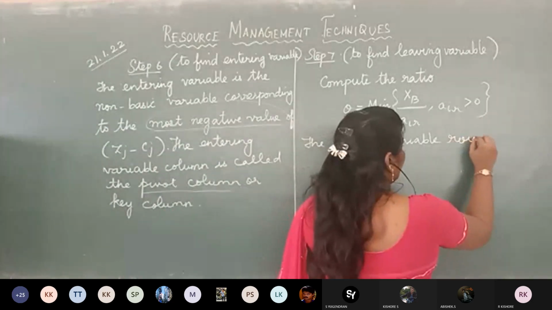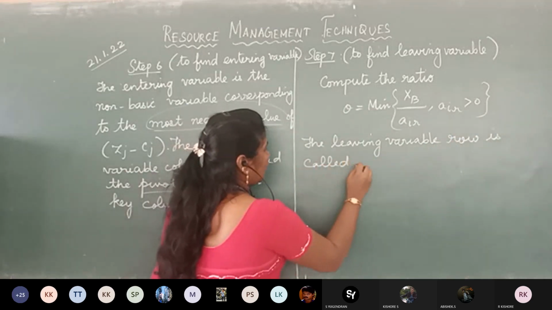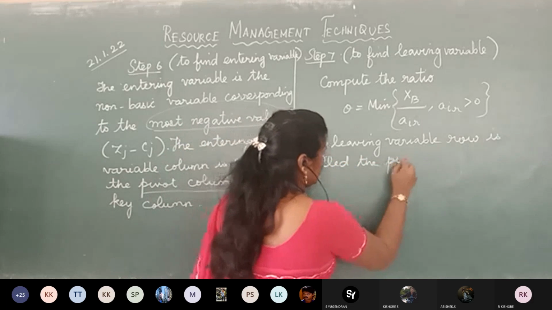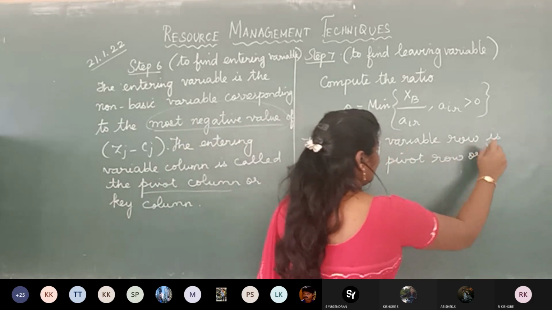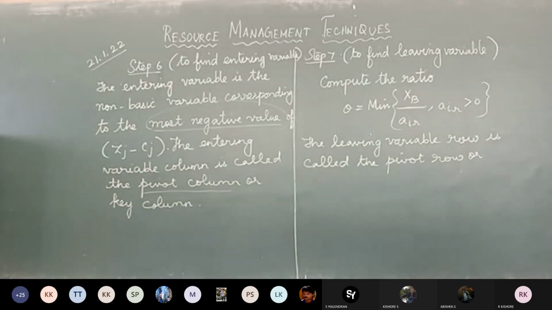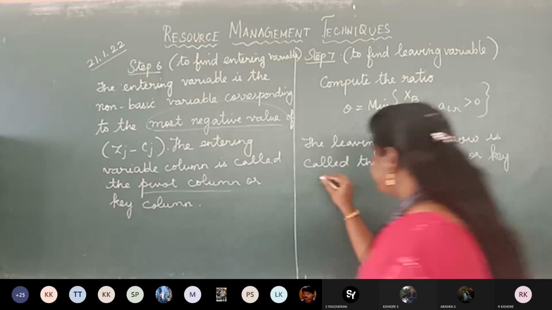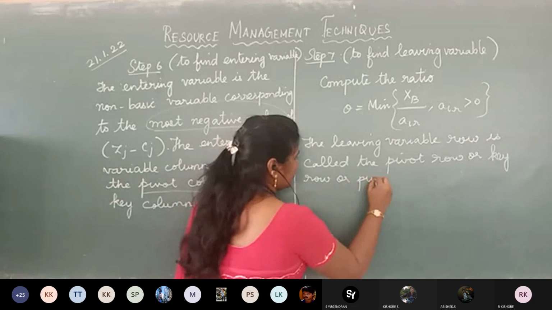That leaving variable row is called the pivot row. It is also called the key pivot row, or key row, or pivot equation.